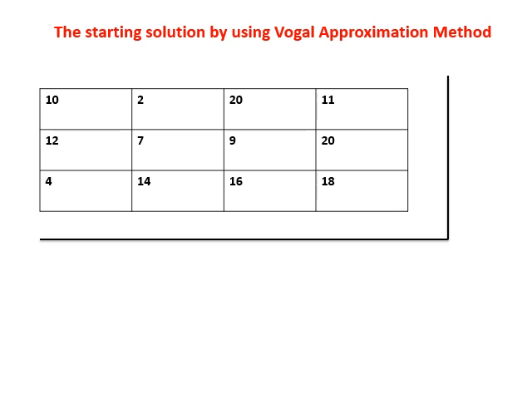We have the same example with the same values. The values in the corner here are the costs, 10, 2, 20, 11, and so on. These are the costs of transportation from source to destination.